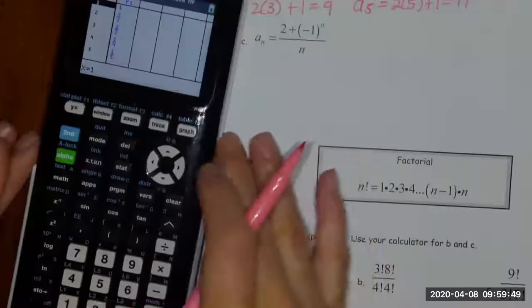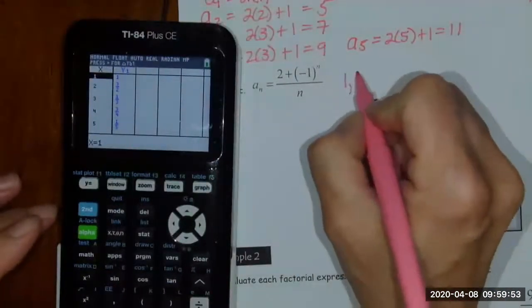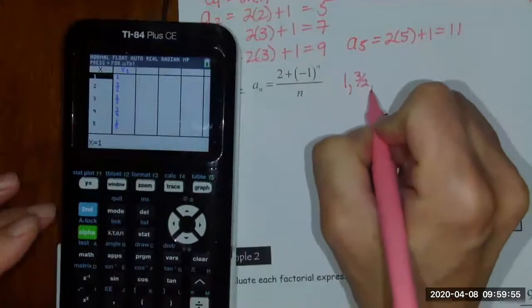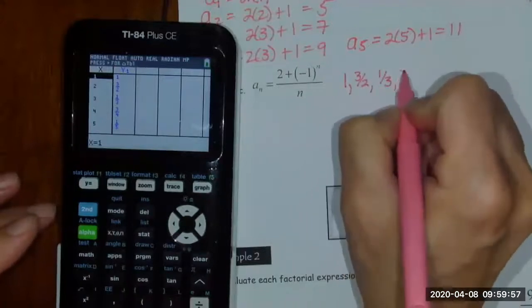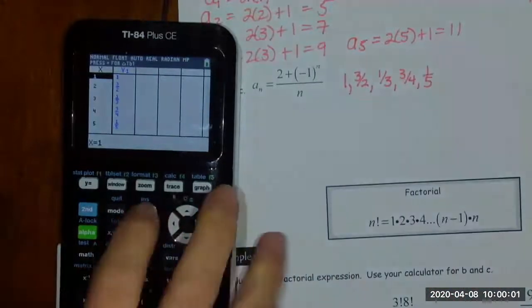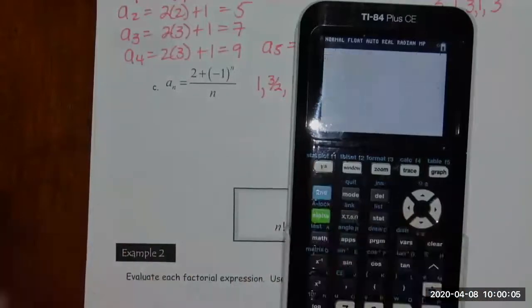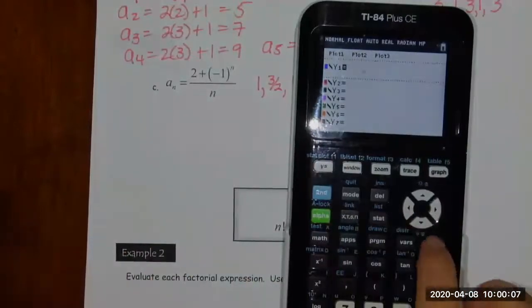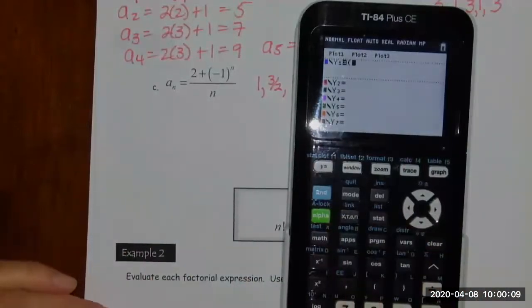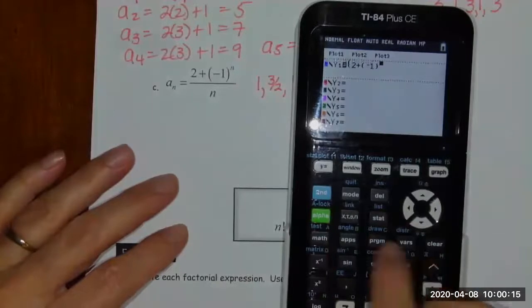Now I want to show you something about your calculator. Notice this gave me 1, 3/2, 1/3, 3/4, 1/5. The reason it gave me my answers as fractions is because I put it as a fraction here. Now if I go this way and I decide not to use the fraction key, and I want to show you this because sometimes you might want a decimal.